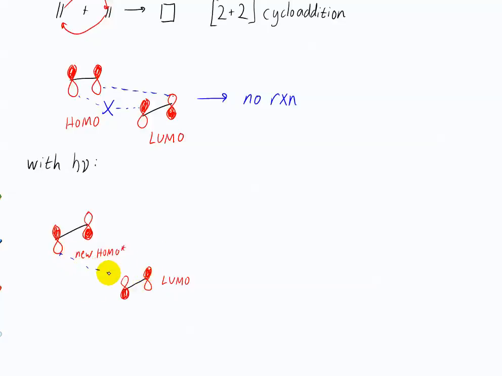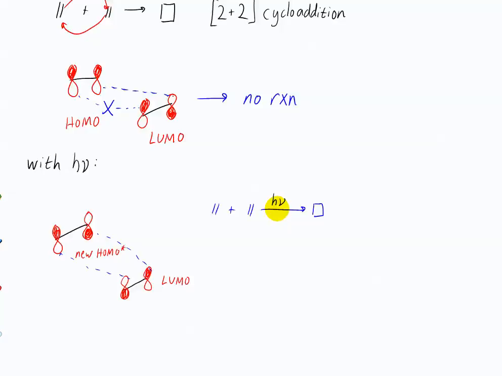Now you see that you have that match. So what that means is, in order to do this reaction, the key ingredient here is light. You can do this with light because you need the excited state of one of the molecules to actually do that.